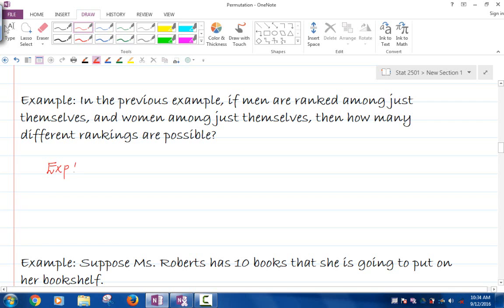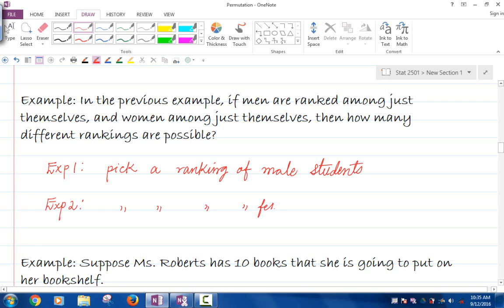So another way of thinking about it is that experiment 1 is pick a ranking of male students, and then experiment 2 would be pick a ranking of female students.